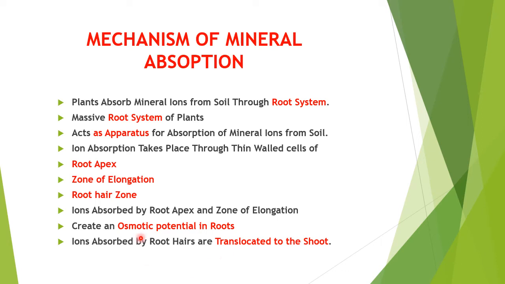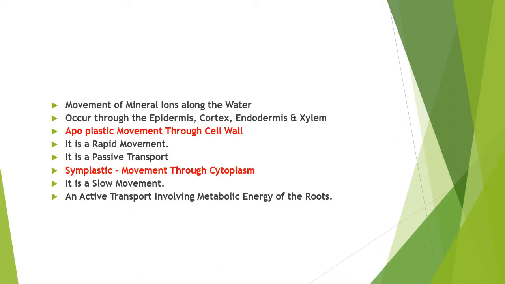So the ions absorbed by these cells will create an osmotic potential in the roots. And if it is directly taken by the root hairs, it will go to the shoot system, translocated to the shoot. Movement of mineral ions along the water occurs through the epidermis, cortex, endodermis, and xylem.